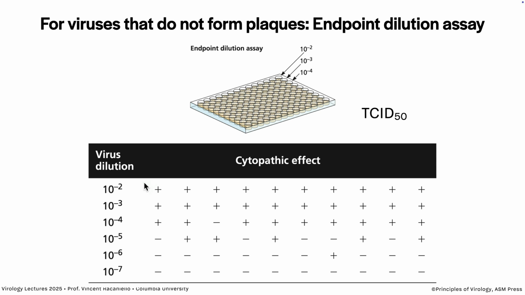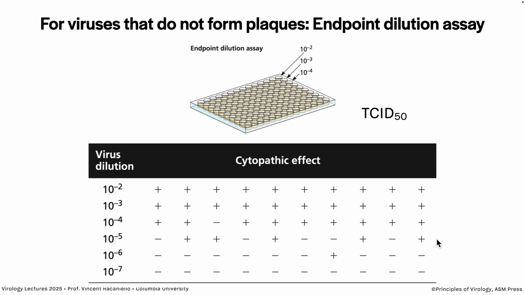You can see at a low dilution, -2 and -3, all the wells are infected. And then you see at -4, one well is not infected. There's no CPE. And then at -5, you see 5 wells are uninfected and 5 are infected.